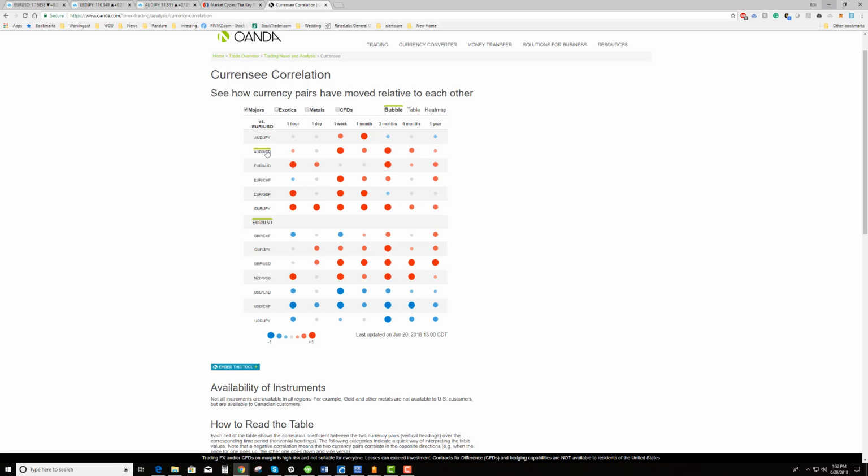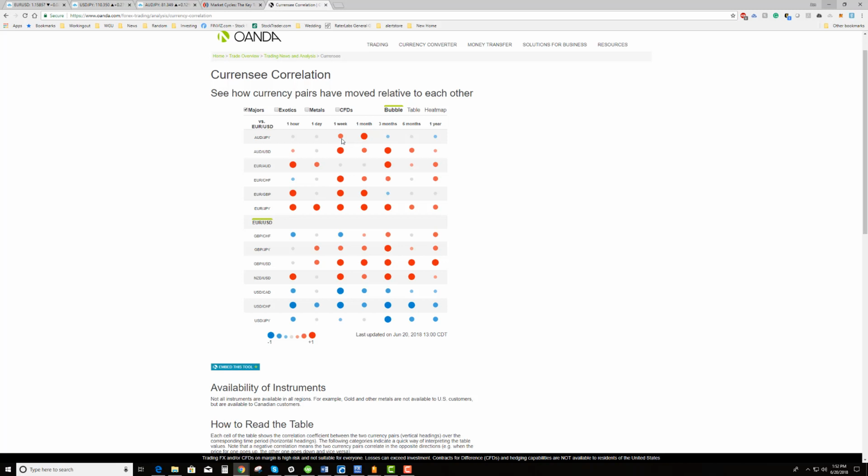Where they are the opposite is the US dollar Canadian dollar. They are negative correlation. And we have some where there's not a lot of correlation, or periods where some instruments have a zero correlation over a long period of time, but a shared correlation in a short amount of time. So just watch out for that kind of activity.